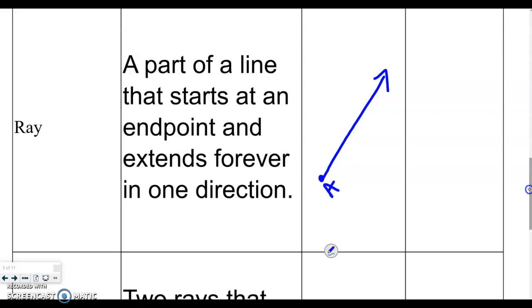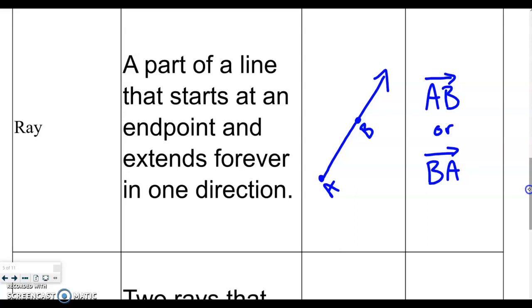Endpoint of A. If I also had another point on the ray of B, and then I could name my ray AB, and that will have an arrow above AB, a line with the arrowhead. Or name it the other way, BA, with that arrow as well.